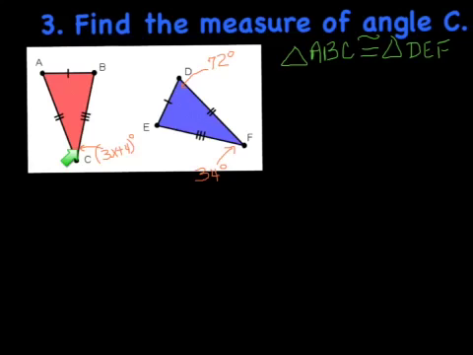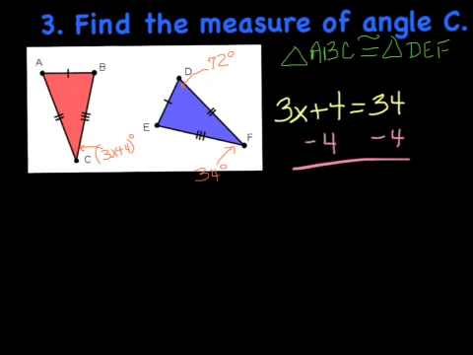Let's give it a try. So 3x plus 4 is equal to 34, right? Angle C is equal to angle F. And then subtract 4. So we get 3x equals 30.